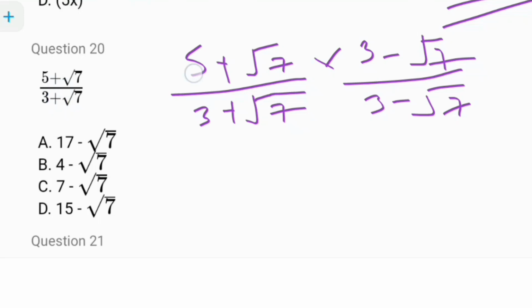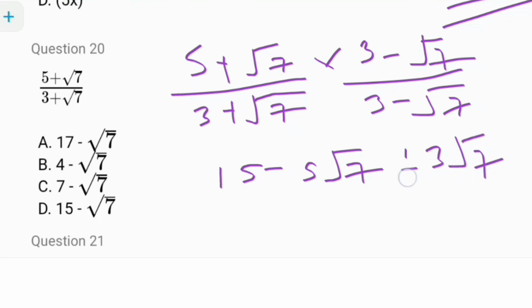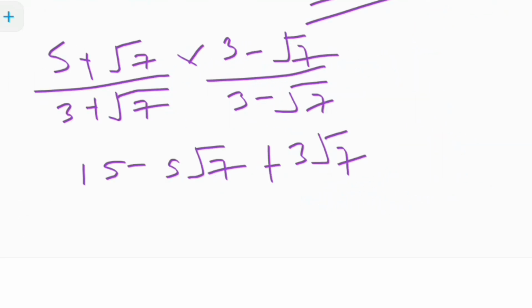So if you do this, 5 times 3 is 15. 5 times root 7 is 5 root 7, minus 3 times root 7, 3 root 7. Then minus root 7 times root 7, that's 7.